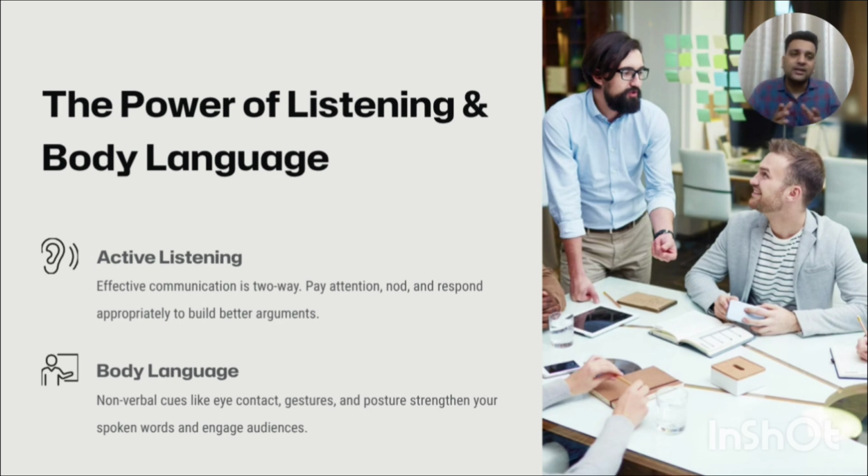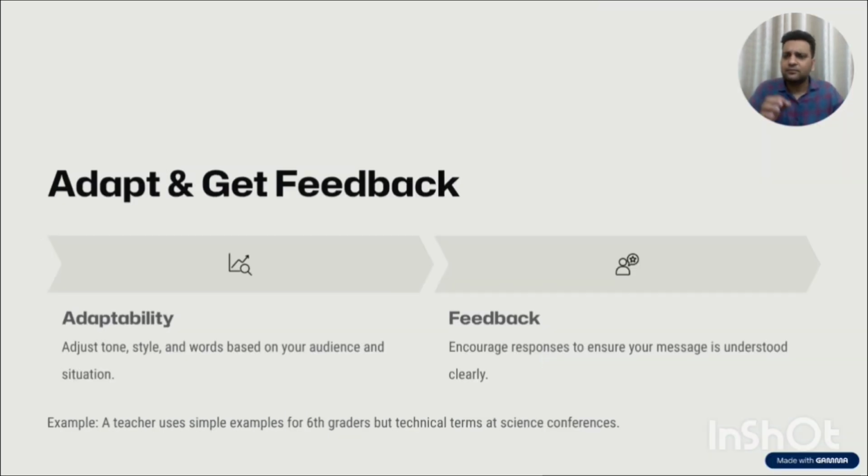As you know that communication is a two-way process, so always respond, always nod, always pay attention to the responses you are receiving. And next is adaptability. Always try to adapt according to the needs of the audience. Don't always speak in one tone.